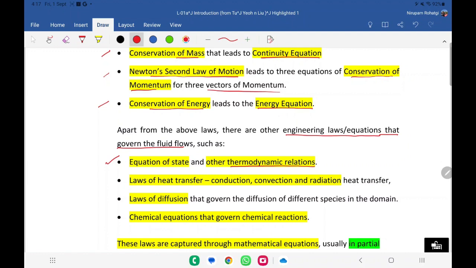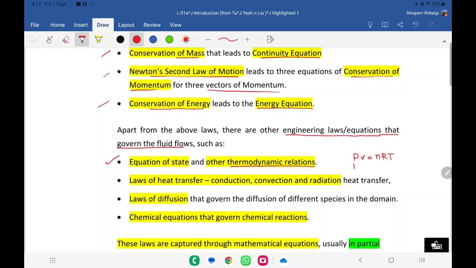The second law will come into play, and even the equation of state, if gases are there, PV is equal to nRT, that is one equation. Then you also have the Maxwell equations, right?